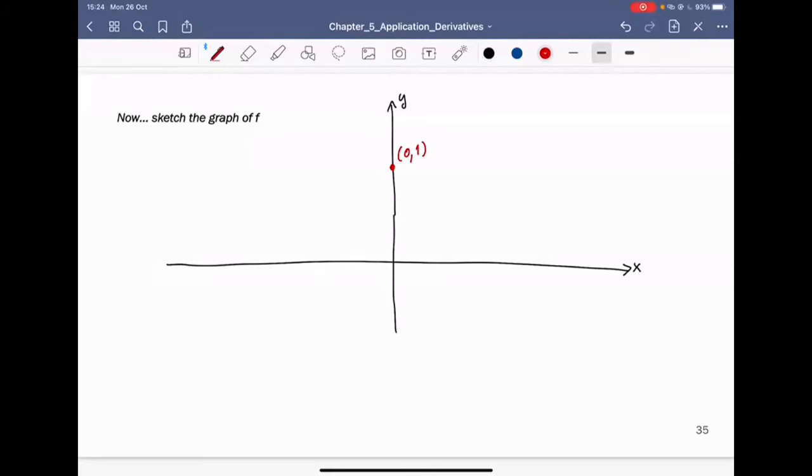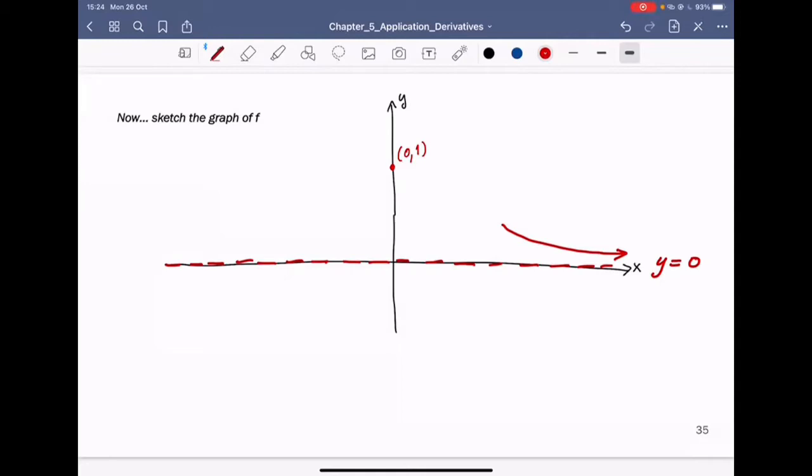You have the horizontal asymptote y equal to 0. Which means the asymptote tells you that when x goes to infinity, the graph should go along the line y equal to 0.